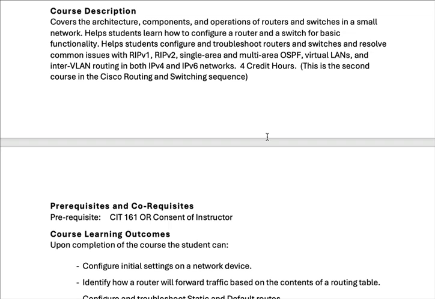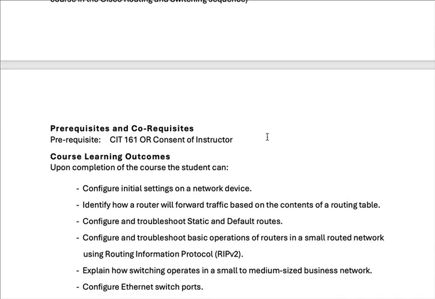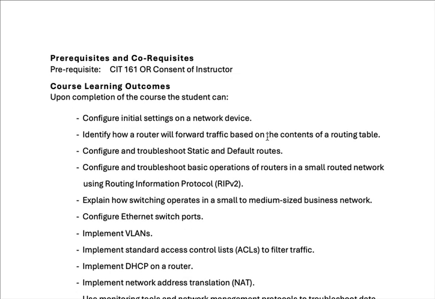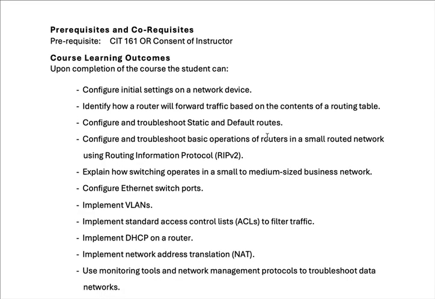To take 167, the prerequisites are that you have successfully completed CIT 161. And if you're a CIT major taking 167, successful completion of 161 means you got at least a C. So an A, B, or C in that class.